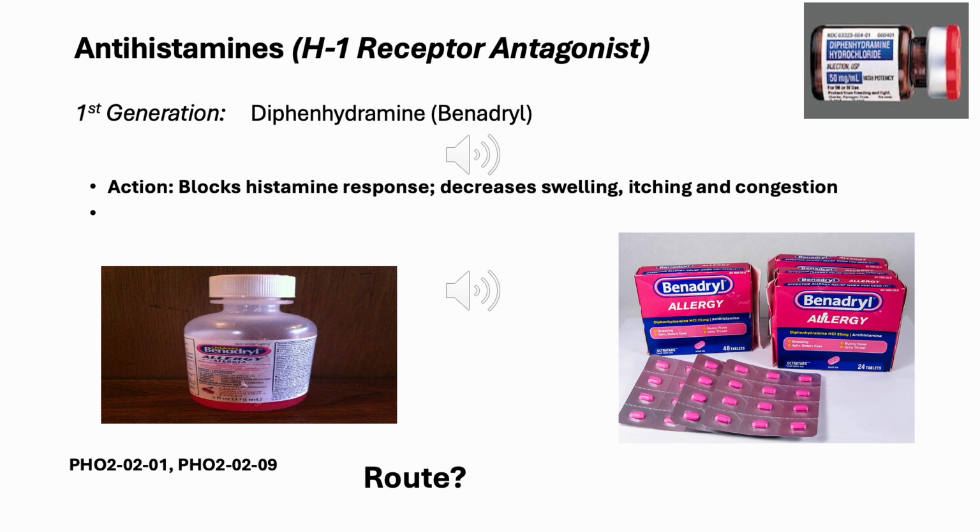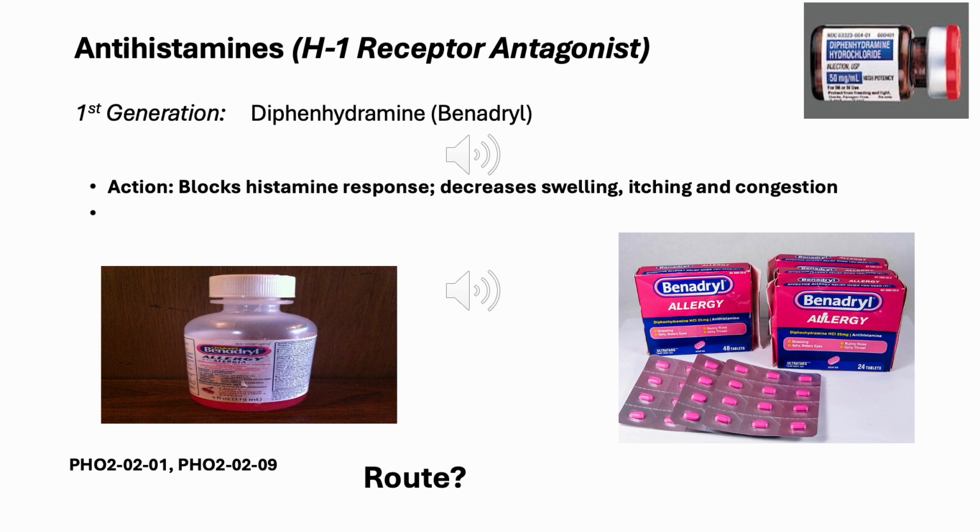Antihistamine, an H1 receptor antagonist, the first generation, diphenhydramine, known as Benadryl. The action of this drug is that it blocks histamine response, decreasing swelling, itching, and congestion.